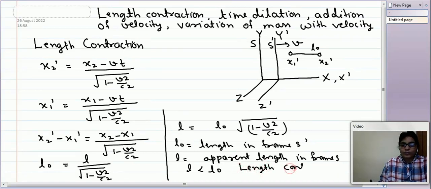The actual length will remain as such, but the observer sitting in the frame S will observe that the length is contracted. So this phenomenon is known as length contraction.